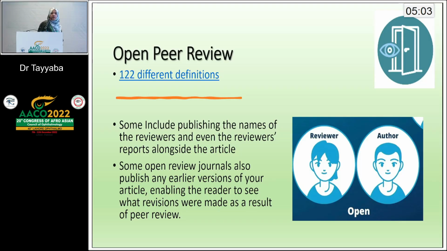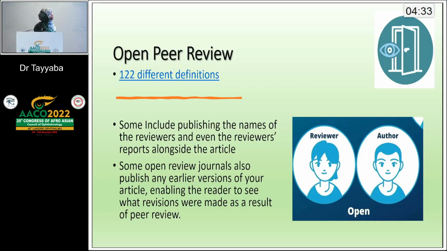Open peer review is the type of peer review which is now being commonly adopted by very high impact journals. And one of the Pakistani journals which is following this model is the PJMS, Pakistan Journal of Medical Sciences. They are following open peer review. There are about 122 different definitions of this type of peer review, where the author knows the name of the reviewer and the reviewer also knows the name of the author.